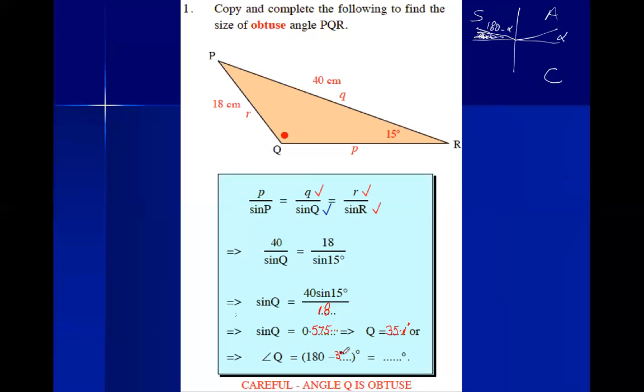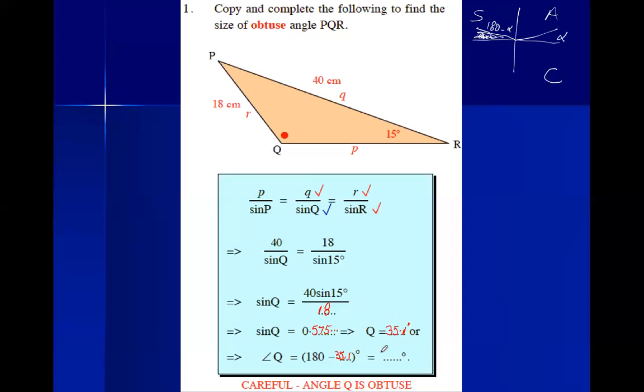That's the major difficulty you find with the sine rule: if you look for an angle bigger than 90, and they tell you to find the obtuse angle, once you find your answer, you need to do 180 take away that angle. That gives you 144.9.